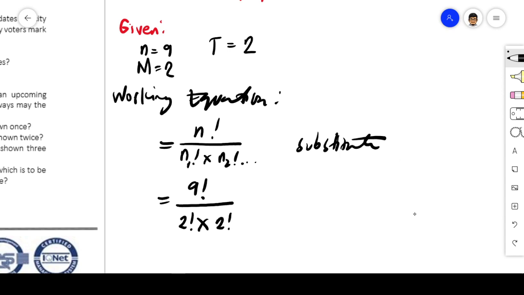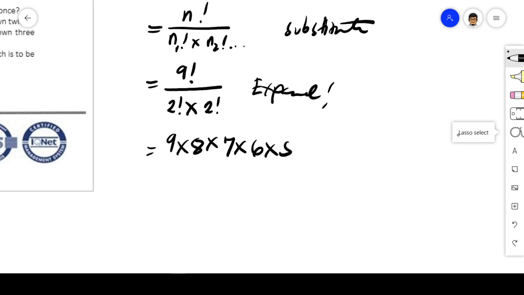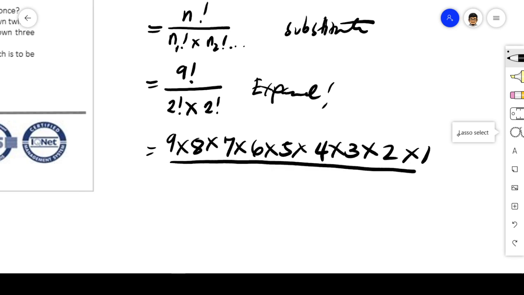Now, you have to expand 9 factorial: 9 times 8 times 7 times 6 times 5 times 4 times 3 times 2 times 1, over 2 factorial, which is 2 times 1, and 2 factorial, which is 2 times 1.